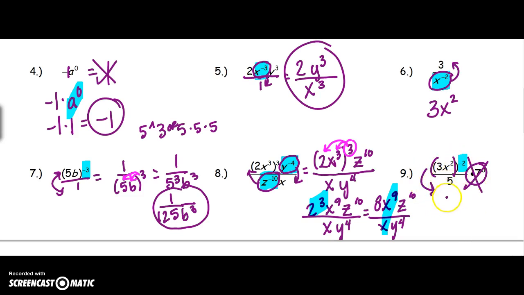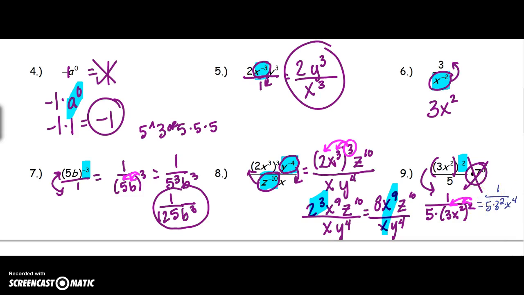So we now have 1 in the numerator. We have 5 times our parentheses 3x squared to now a positive 2. If you remember, we take that positive 2 and distribute it in. So we would say we have 1 over 5 times 3 squared times x to the 4th because we multiply.